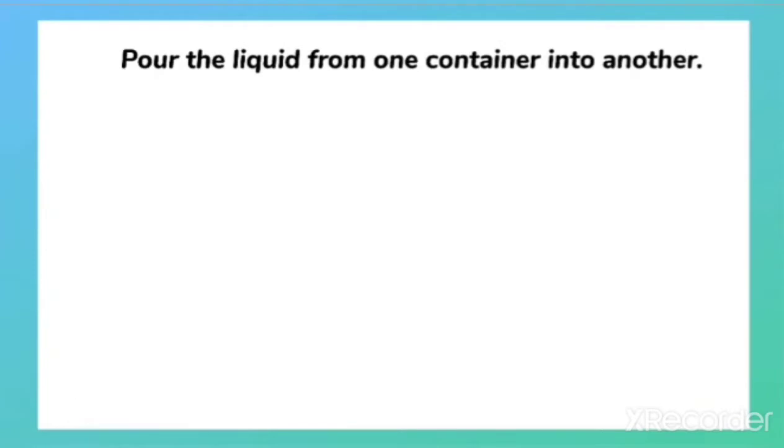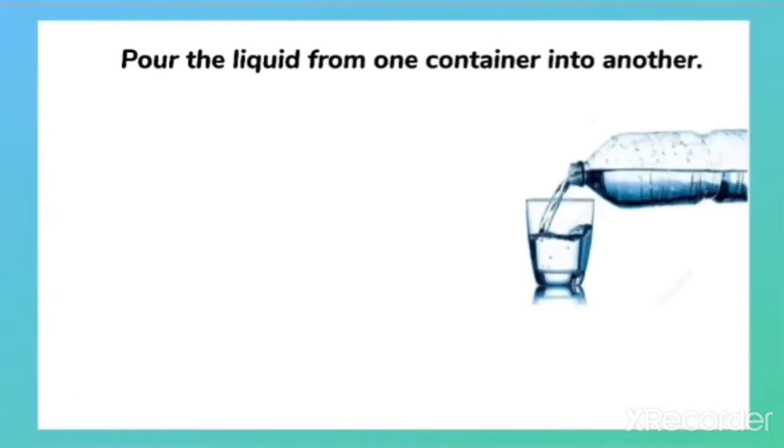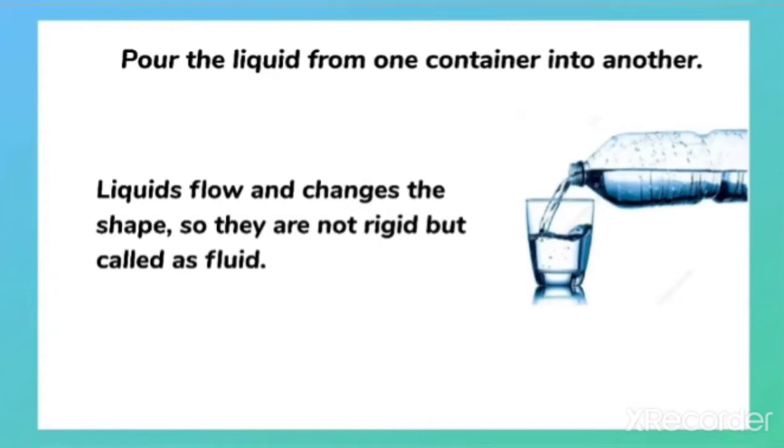Next, pour the liquid from one container into another. Let us pour the water from the bottle into the glass. We can see that the liquid flows and changes shape, because when it was in the water bottle it had the shape of the bottle, but when it is poured into a glass it takes the shape of the glass.